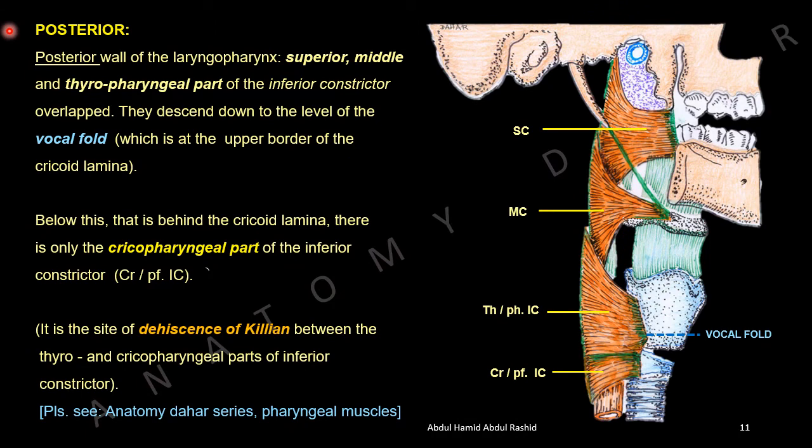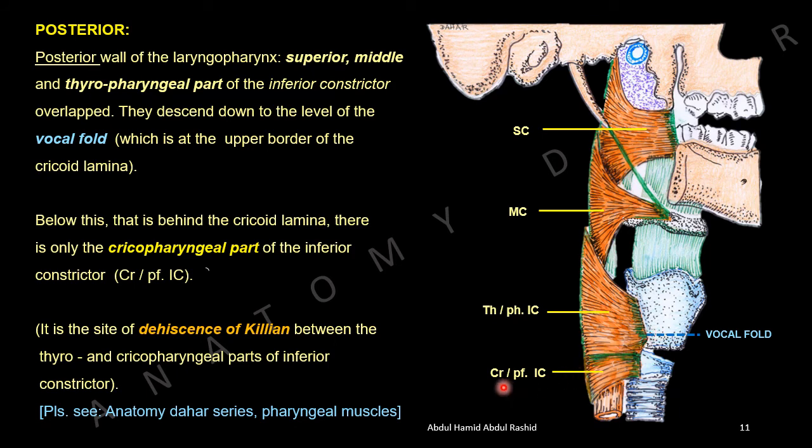Posterior wall of the laryngopharynx. Let's see the diagram first. This is the right lateral view of the pharyngeal muscles. This is the superior constrictor. This is the middle constrictor. These two are the inferior constrictor. The upper part is the thyropharyngeal part of the inferior constrictor, arising from the thyroid cartilage.